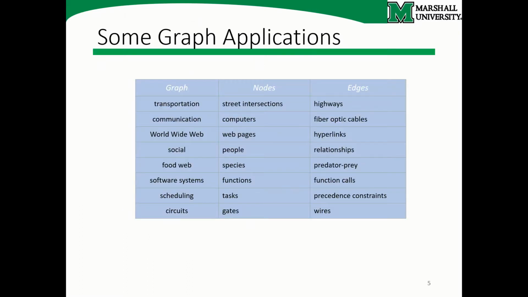Here you can see some of the real-life problems that are modeled using graphs. For example, in a transportation problem, like in Google Maps, street intersections can be modeled as nodes in a graph, and a street between two intersections can be modeled as an edge.